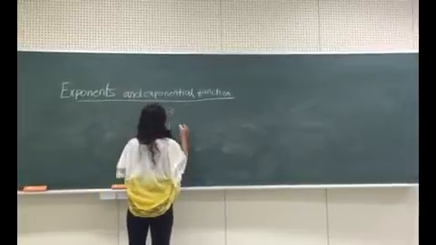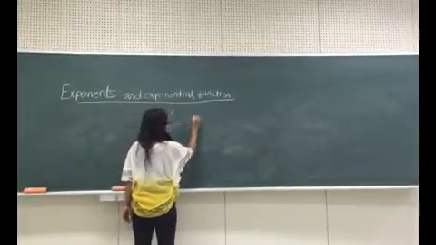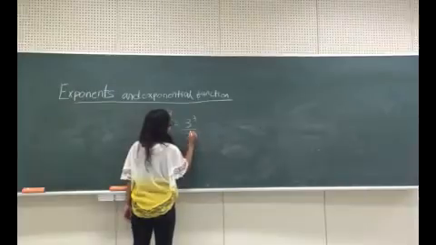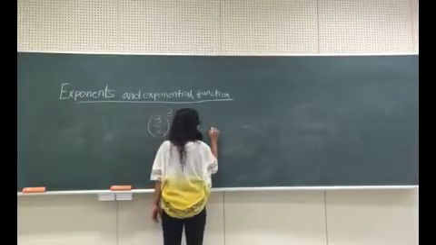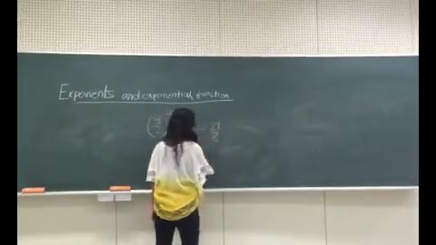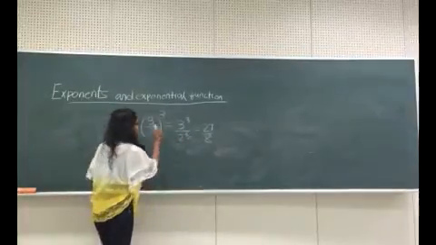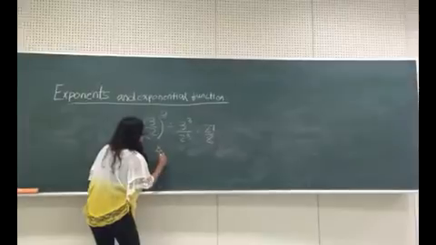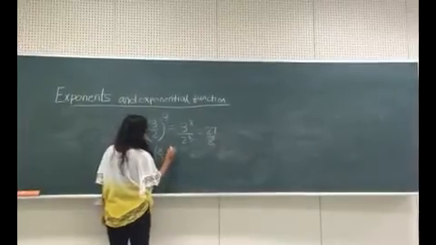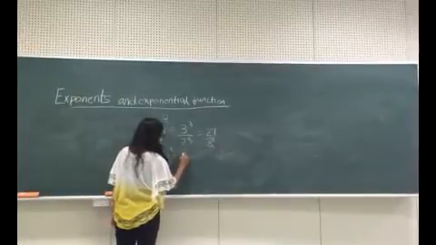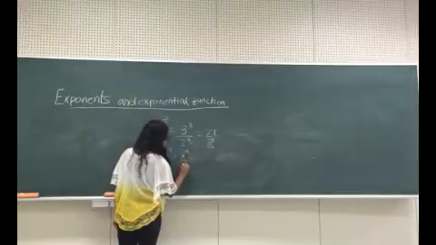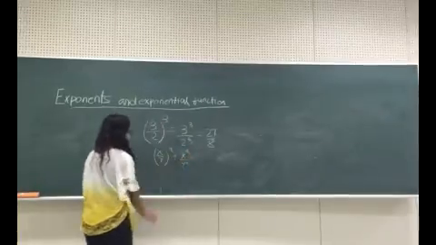So, this basically becomes 3 to the power cube by 2 to the power cube, which is 27 by 8. Normally we do this, which gives our first formula: x by y whole to the power a is equal to x to the power a by y to the power a.